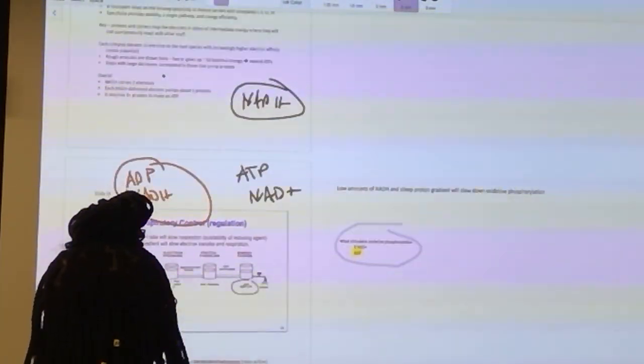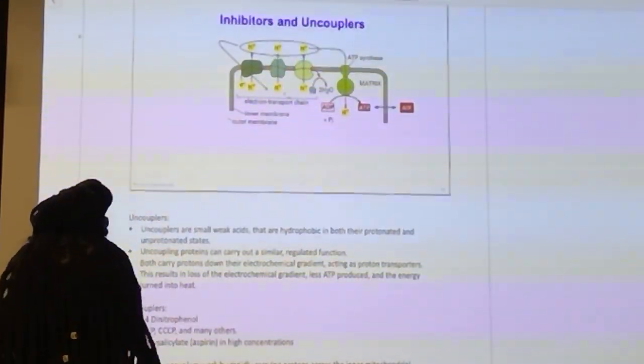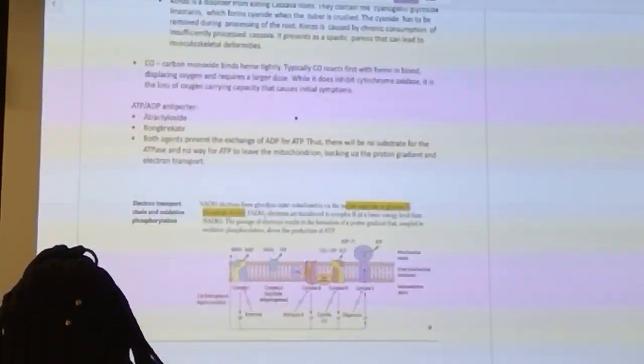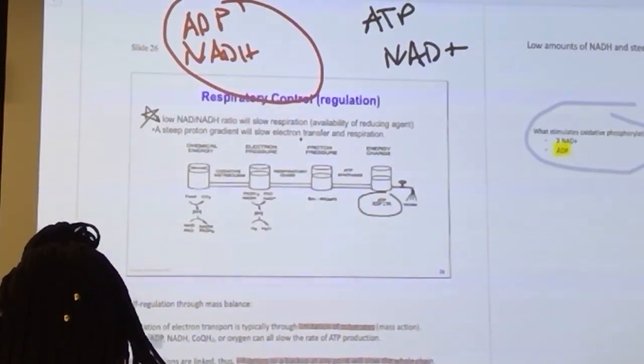Okay, ETC. I'll just go through them, because it's going to be about regulation or the poisons. So guaranteed questions on the poisons, and guaranteed questions on the regulators. And again, it's feed forward.